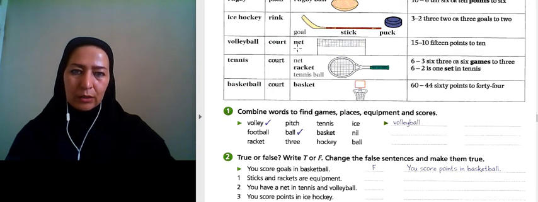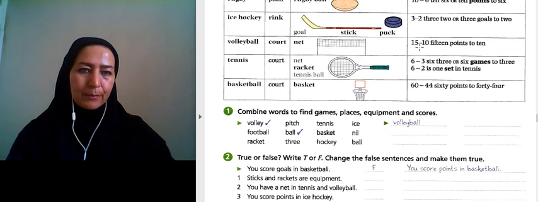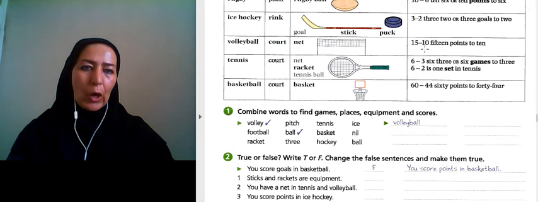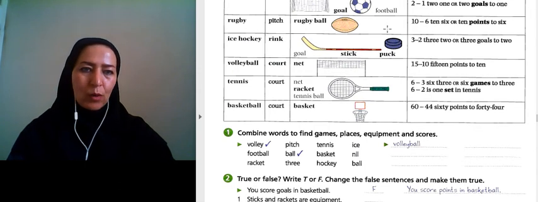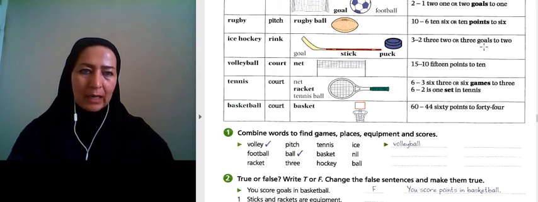So you can remember there's a net, and we need a ball. How can we talk about the scores? 15 points to 10. Exactly the same as rugby. Rugby and volleyball are the same, and football and ice hockey are the same.